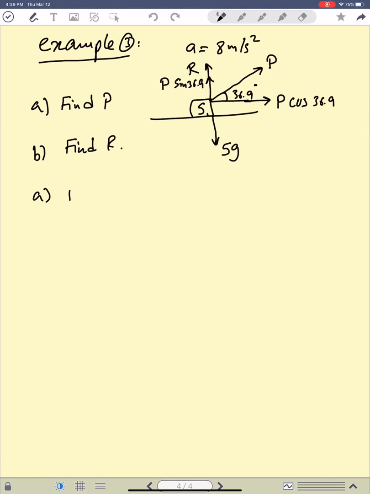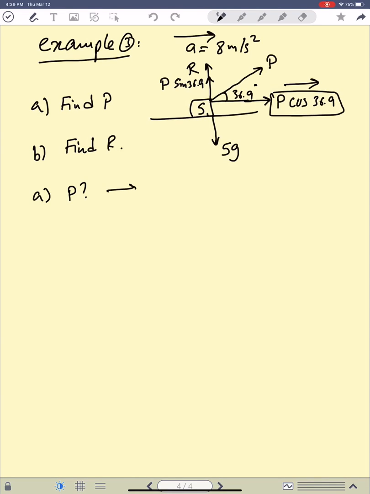Part A, to find P, my dear students. If someone is wondering why we didn't show another force, it's clear that the particle moves in this direction, because it's the only force, look at it. So the force in the direction of motion is this, in such problems.